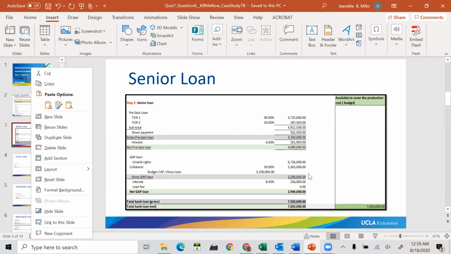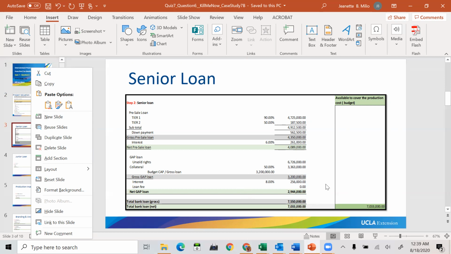That's what we need to understand as a budget cap, because 20% of your budget is the maximum you can receive in order to get a gap loan from a bank. So we're charging the 8%, which is $256,000. There's no loan fee, and then we have the net gap loan of $2,944,000.